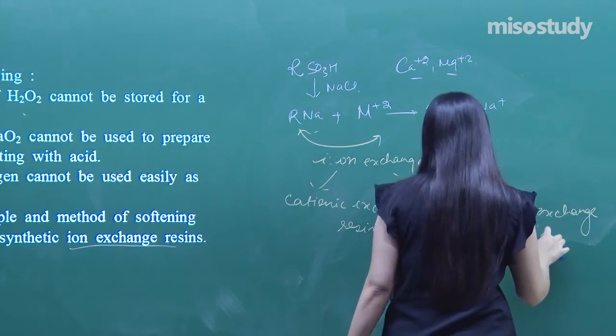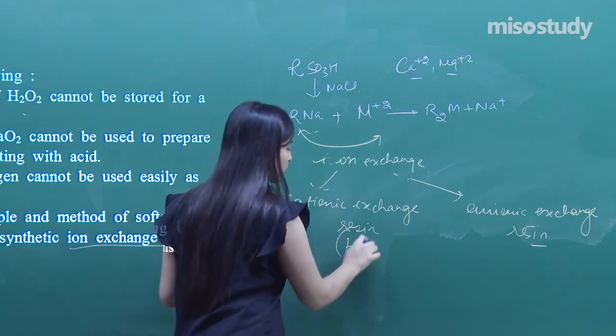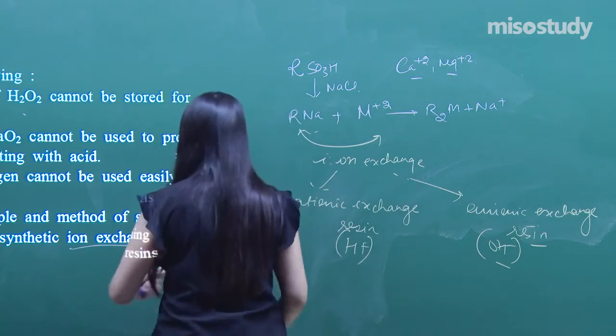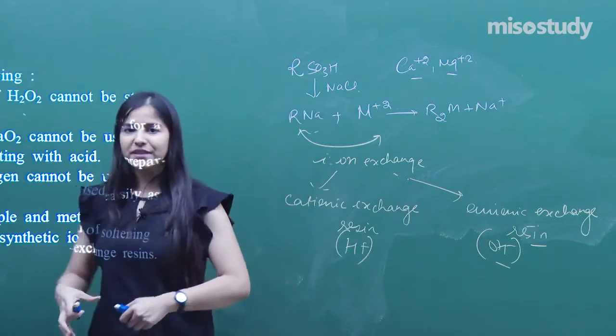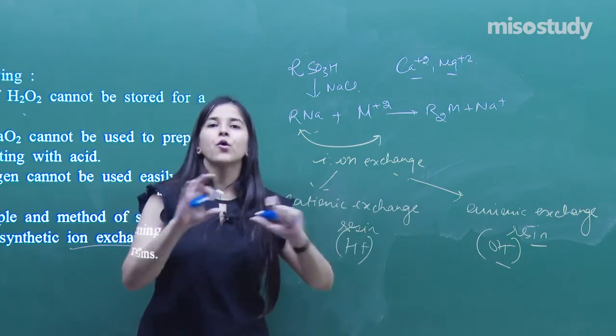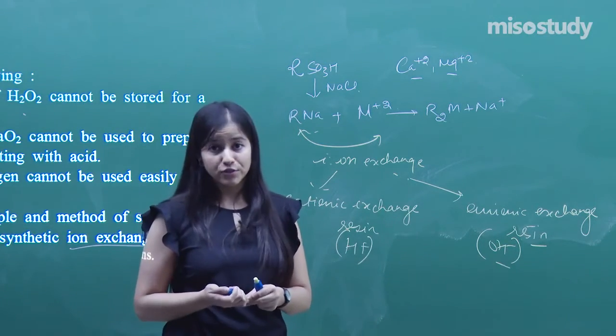Right? And you know the purpose of both of them? The first one gives up H+, the other one gives up OH-. So basically, softening of hard water, these two resins give us pure demineralized water, that means no ions found in it, right?